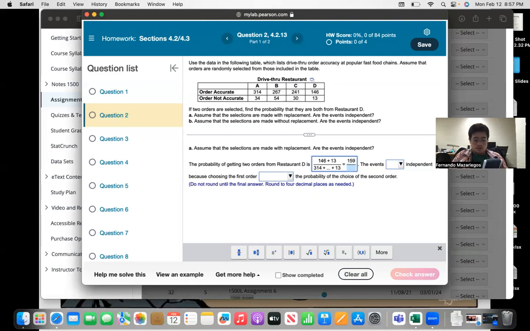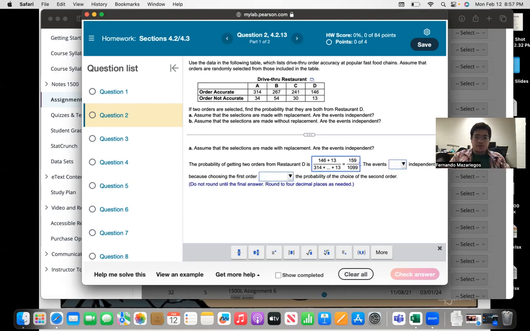And then the total is 1099. So if we calculate this quotient, we would get 0.145. We would get more decimals.